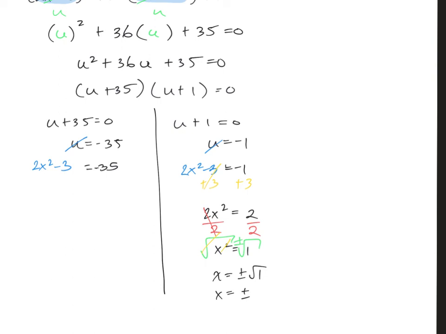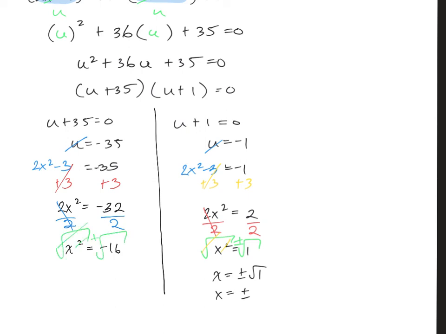And for the other side, add 3 to both sides. 2x squared equals negative 32. Let's see, dividing both sides by 2. I get x squared equals negative 16. Alright, so when I take the square root of both sides, a problem will appear.